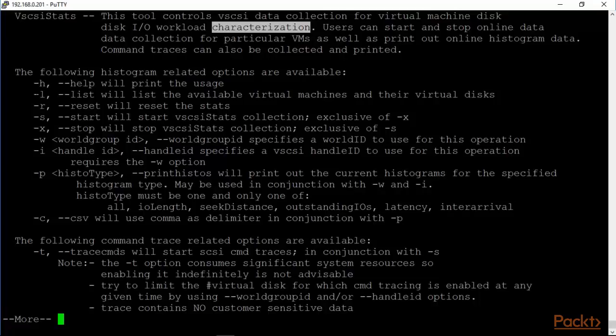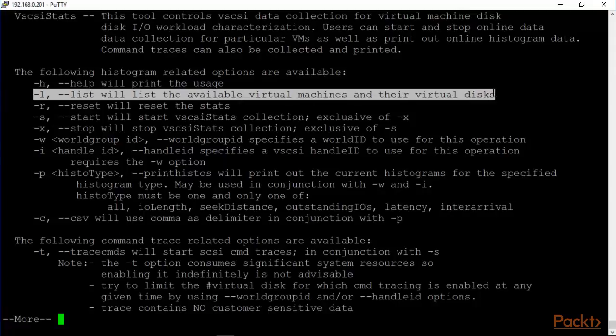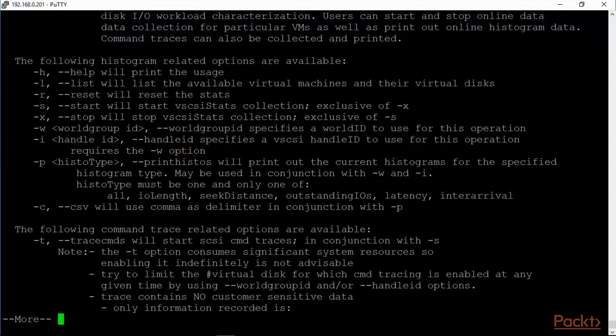We will first list the available virtual machines and their virtual disks. Before we actually go there, let me ensure that there are some virtual machines actually running on this system. Well, I've powered on 3 virtual machines, so there are some virtual disks that are going to be utilized. Let's take a look at what we find here.